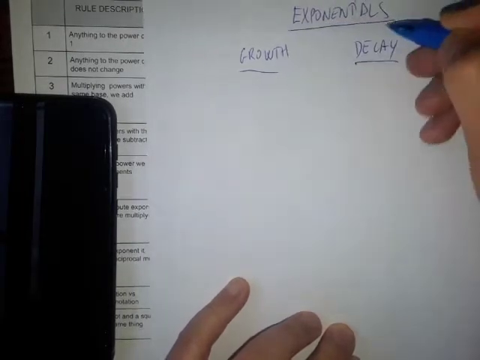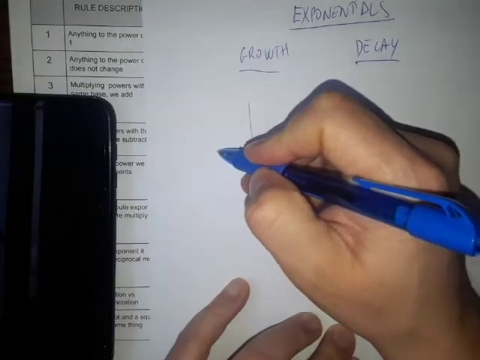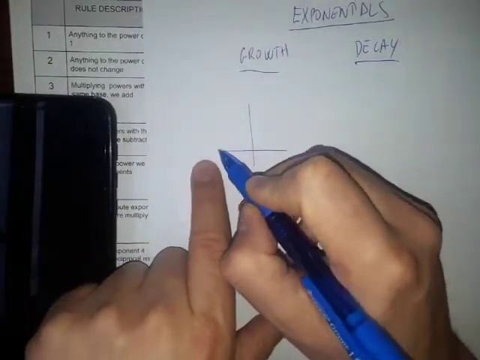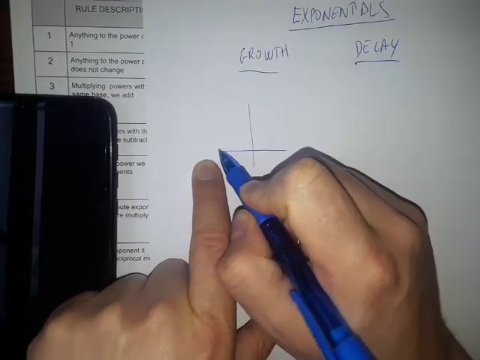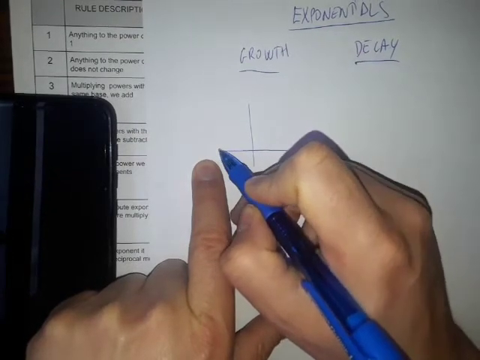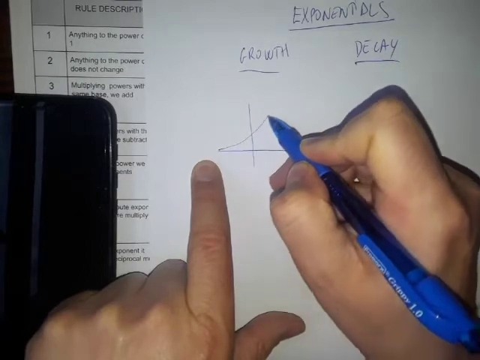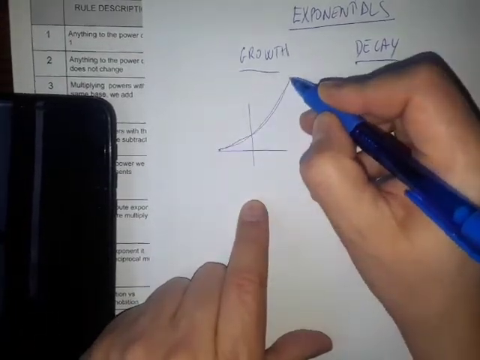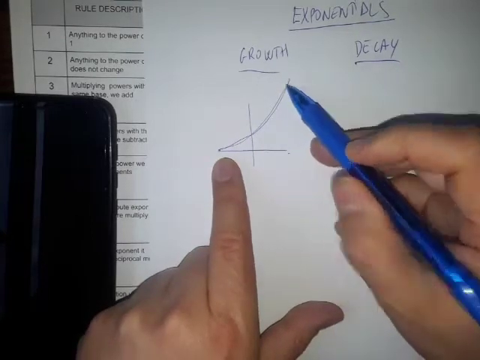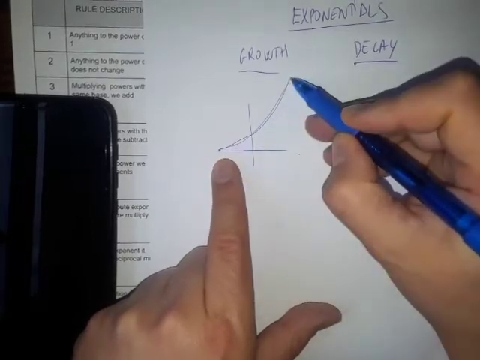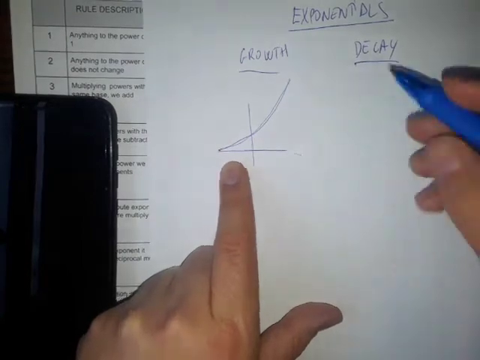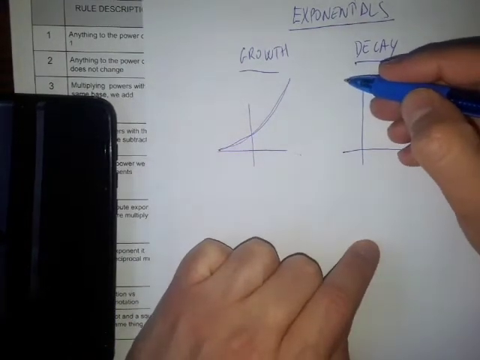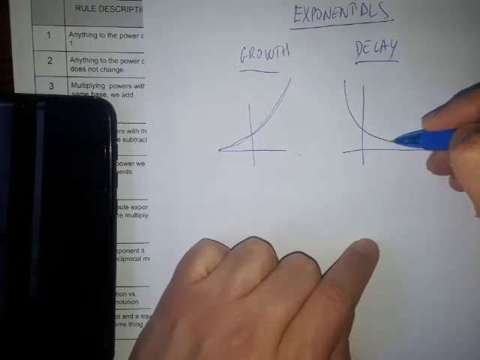Growth is when the exponential begins at a low number and starts increasing. When we say it starts on a low number and increases, we think about y. While x increases, y increases really fast. While decay would be we start at a really high value and then it decays.